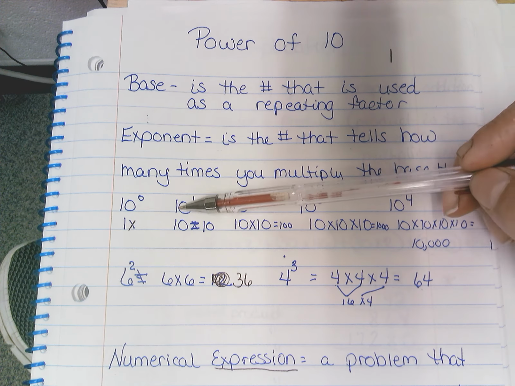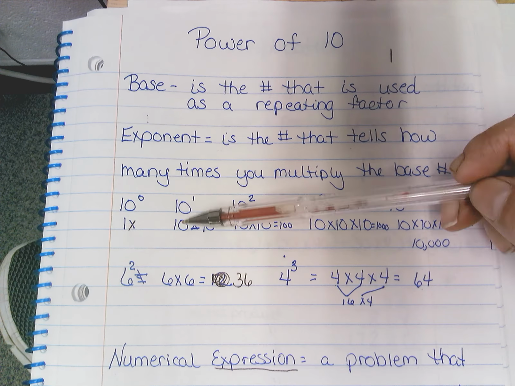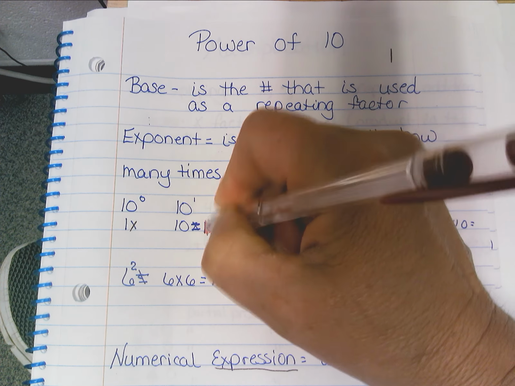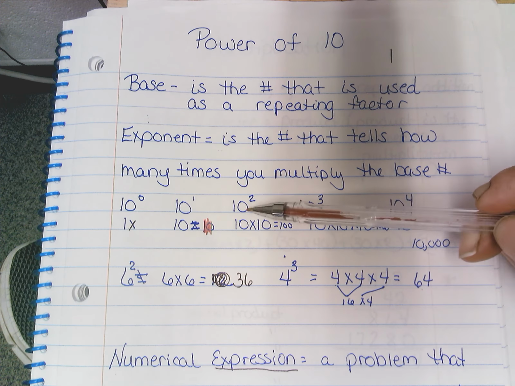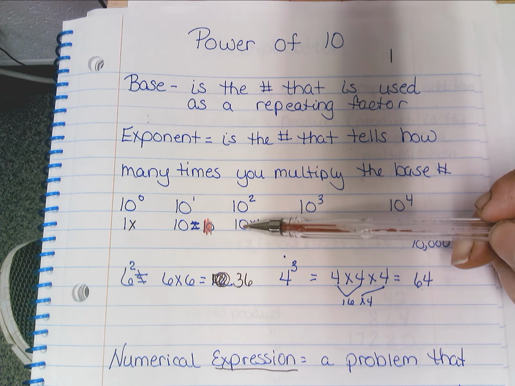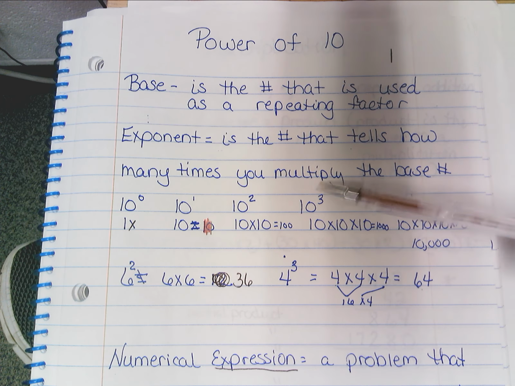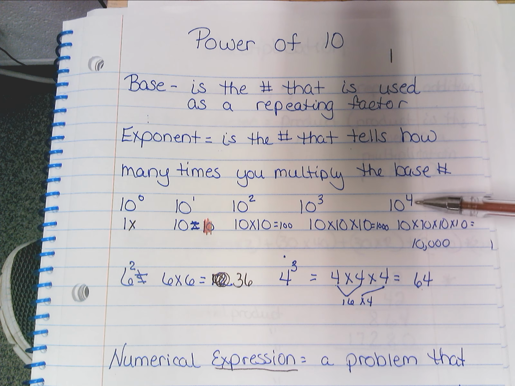If I take 10, this is my base, to my exponent 1, that's 10 times 1, and I get 10. If I do 10 to the 2, that's taking 2 tens, 10 times 10. If I do 10 to the 3, 10 times 10 times 10, and 10 to the power of 4 is 10 times 10 times 10 times 10.